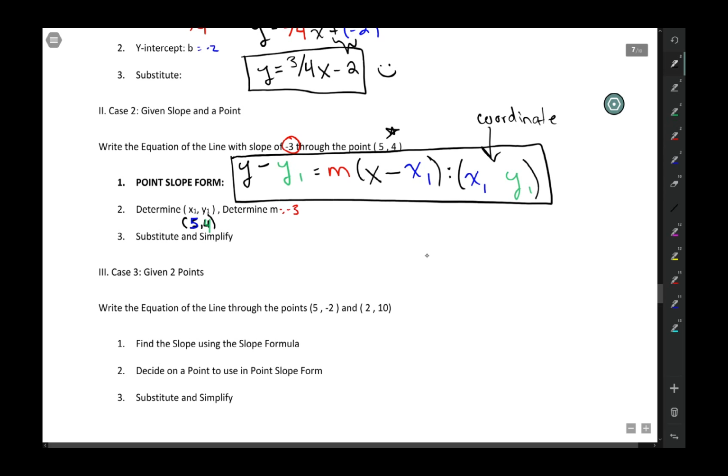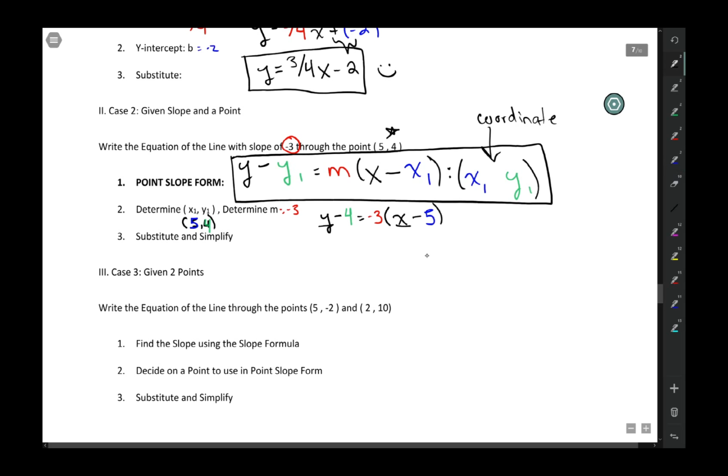So it becomes y minus 4 is equal to m, which we know is -3, times the quantity. Notice x and y stay as variables. Times the quantity x minus x sub 1, which we know is 5.